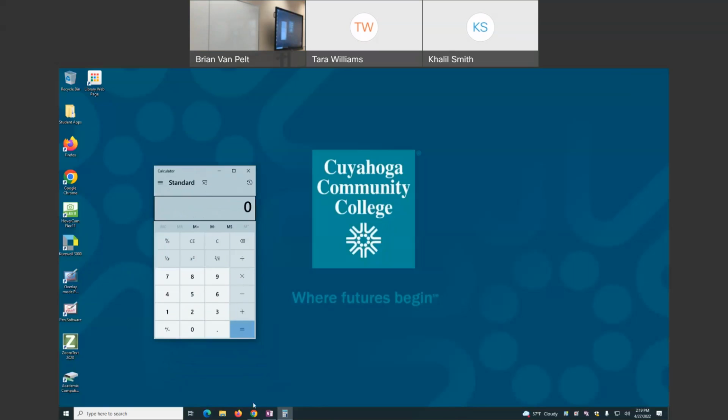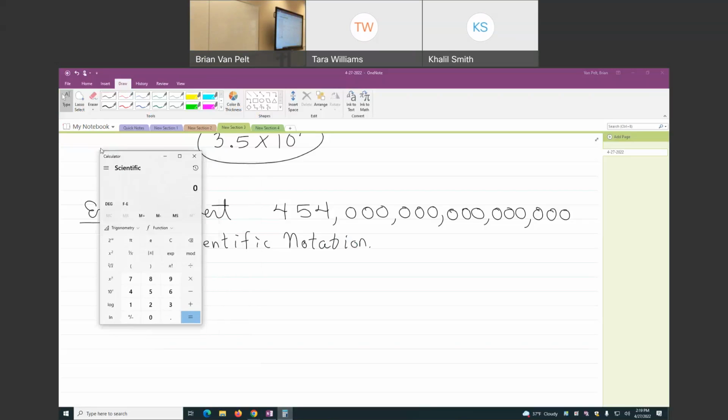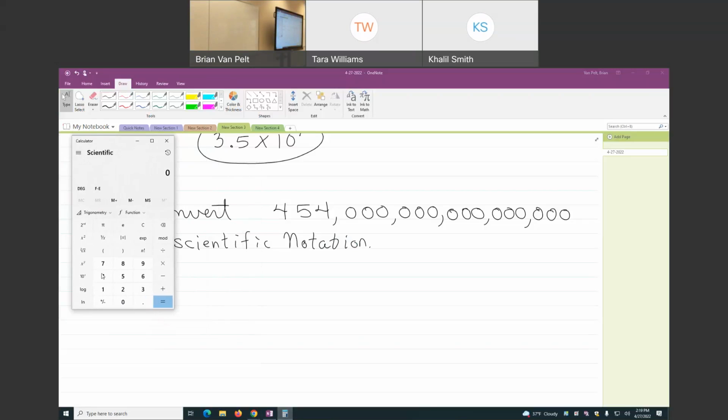I have to change my view to scientific. I'm going to do the same thing: 4, 5, 4. How many zeros did I put on that? 15, so I'll do 15 zeros. 1, 2, 3, 4, 5, 6, 7, 8, 9, 10, 11, 12, 13, 14, 15, equals.